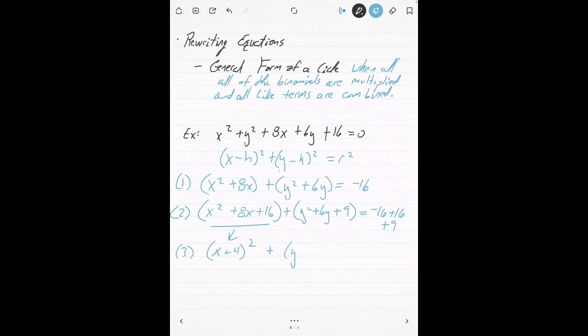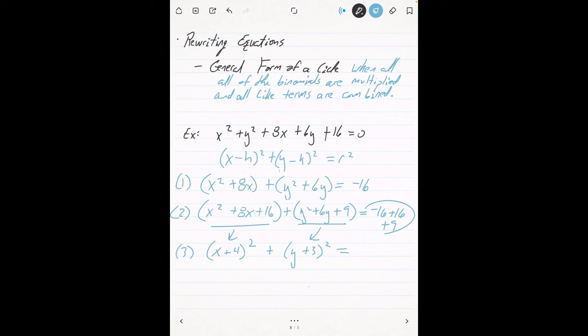What times what gets me 9, but what added together gets me 6? Well, hopefully you're saying y plus 3 and y plus 3. The 3s multiply together to give me a 9, but they add together to give me a 6. So all that I can say here is y plus 3 squared is what y squared plus 6y plus 9 factors down to. By completing the square, we guarantee that we get this nice setup of factoring.